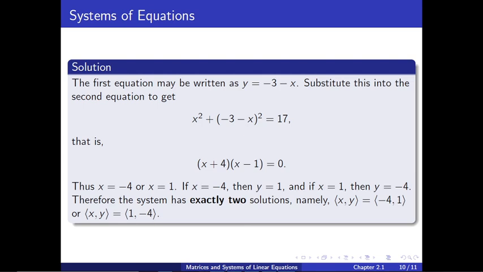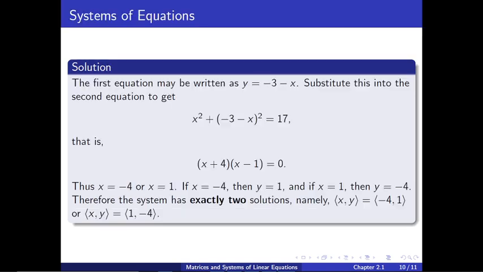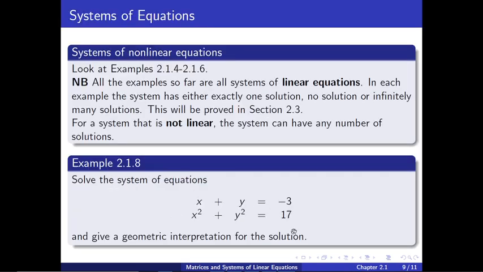Now let's look at it from a geometric point of view. If you look at the two equations that we have, the first one is a line, right? And then the second one, if you look at it closely, you'll see that that is just a circle with center the origin and radius root 17.